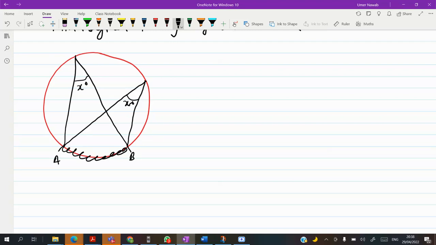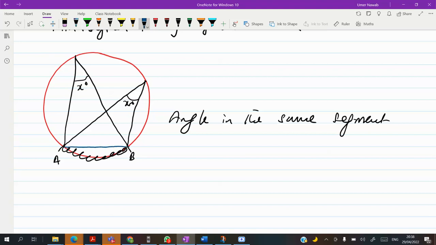So this property name is angle in the same segment. Because this is your segment, boys. As long as the angles are formed anywhere here by the arc AB, those angles will be the same.